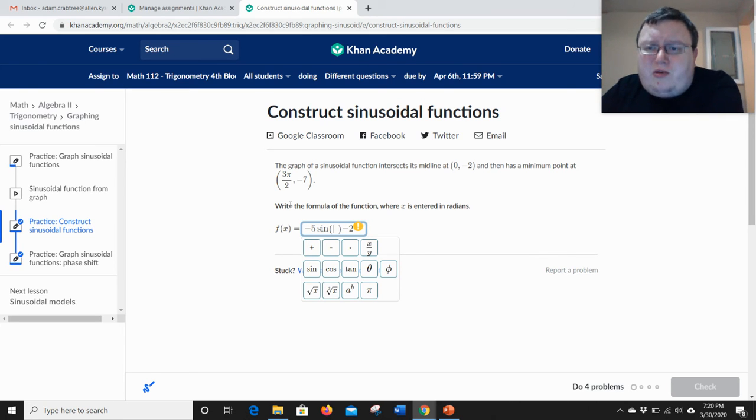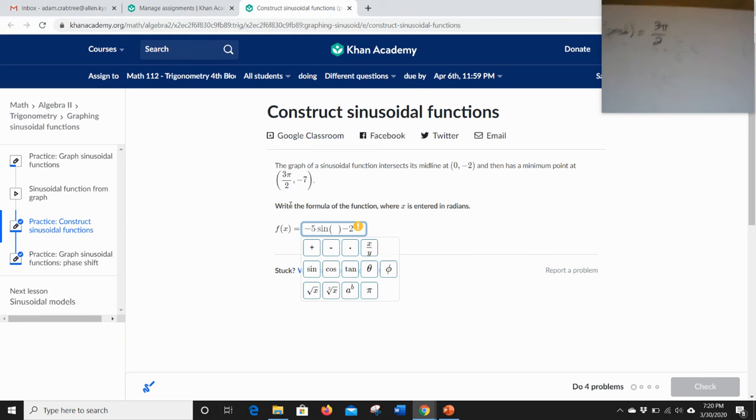That's going to be 1/4 of the period. So 1/4 of the period is equal to 3π/2. That's the difference between these two points right here. We're looking at x coordinates. So hopefully that makes sense.